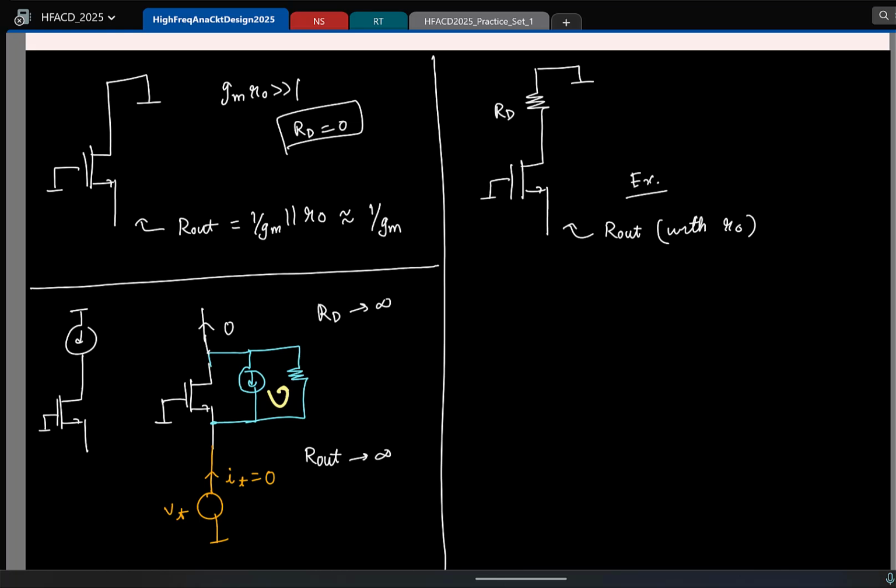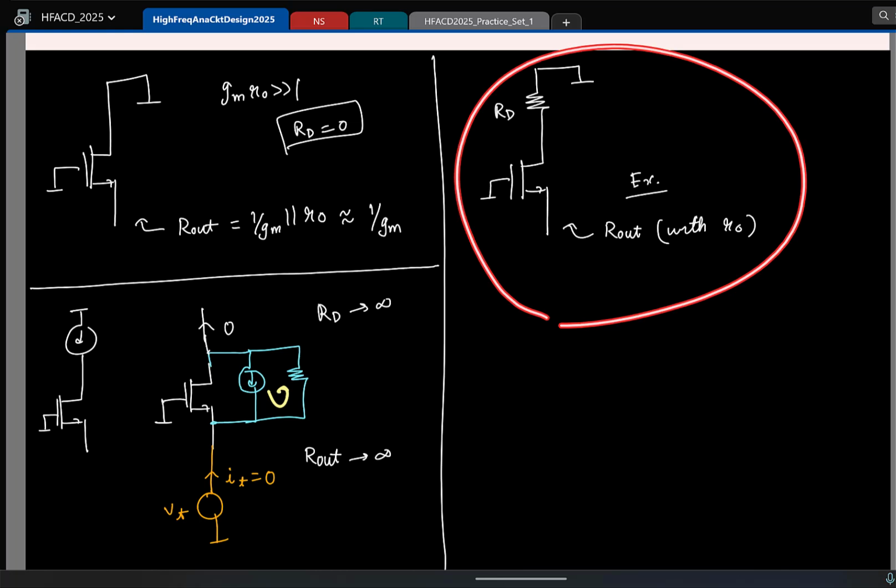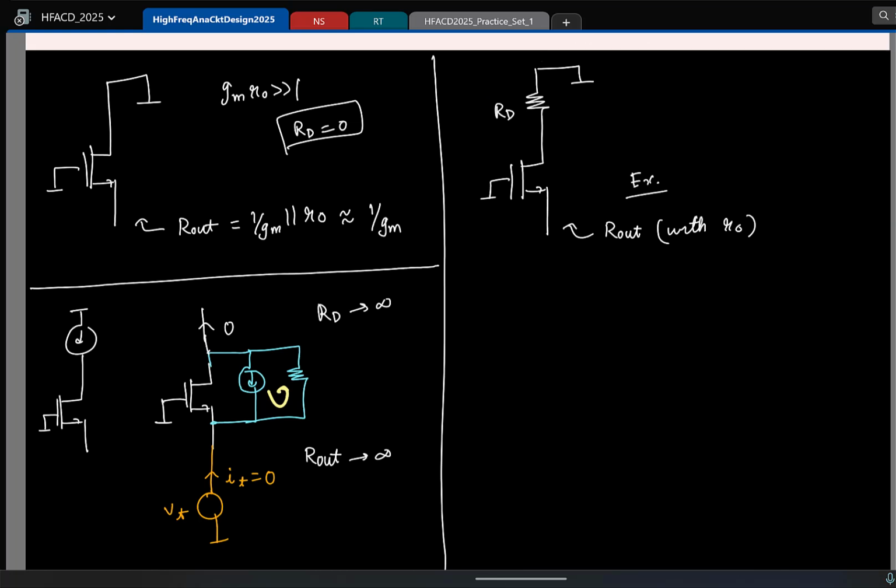Now you do this calculation, but without doing it, can you tell me when I can say R out is approximately 1 by Gm? For smaller values of RD or for larger values of RD? That much is at least clear from our discussion. R out is approximately 1 by Gm for small values of RD.